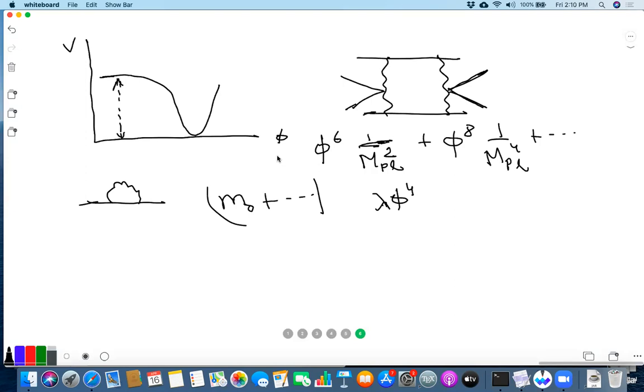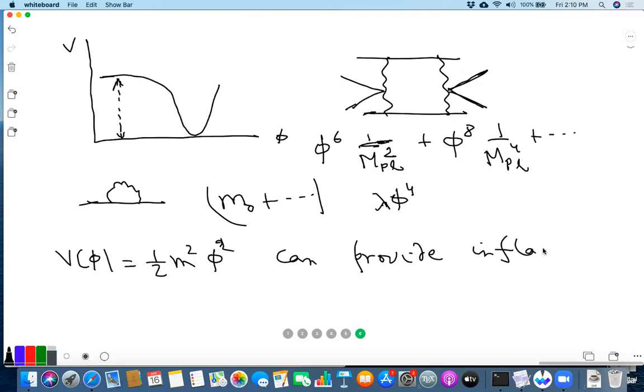So, for example, as we saw, if you take V of phi equal to half m squared phi squared, even the simple potential can provide inflation over some range, phi i to phi f, for small enough m.